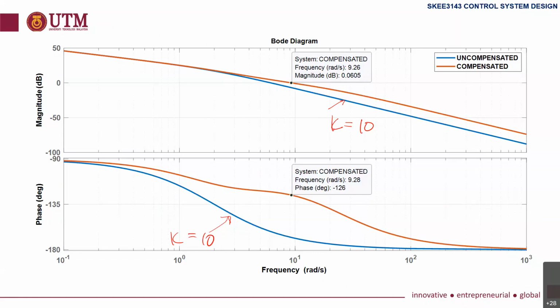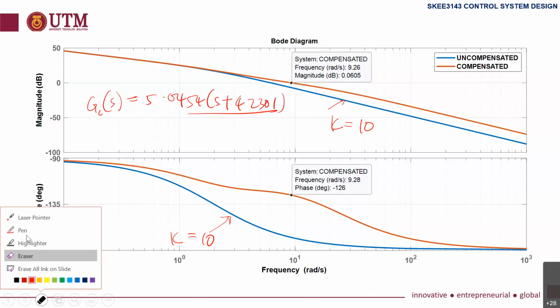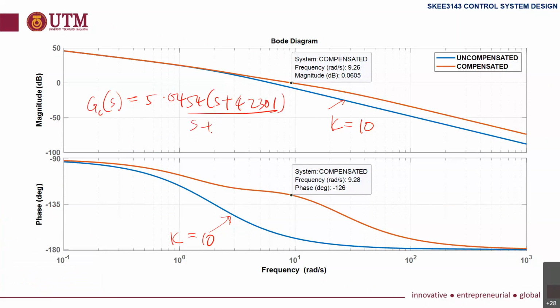When we add the lead compensator, Gc, the one that we obtained just now, it is the red color. The red color is the compensated system.